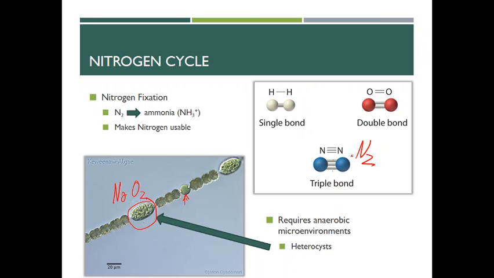Because what you're doing is you're taking N2 and turning it into ammonia, NH3. And if you ever have oxygen in there, what it will turn into is NO3, not what plants want to use.